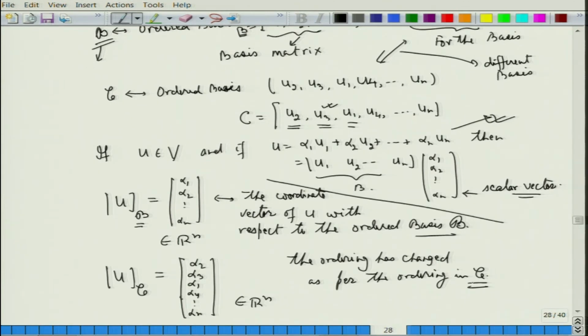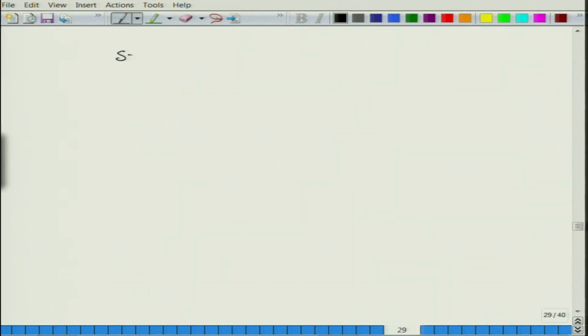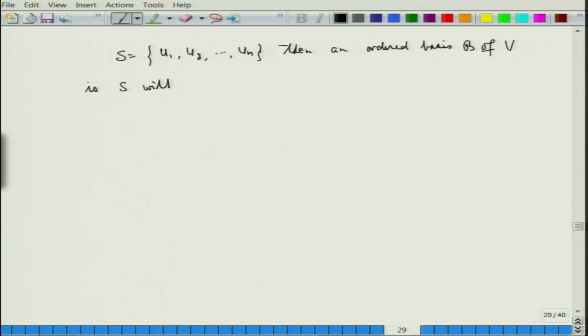So, in some sense what we are saying is that take a basis S, u1, u2, un, then an ordered basis B of V, all right, is S with an ordering. Is that okay?